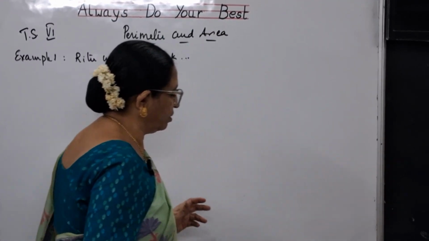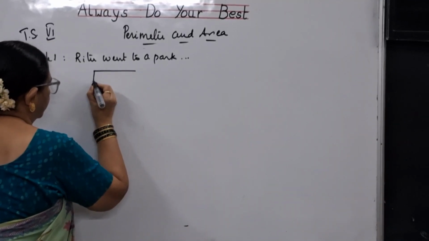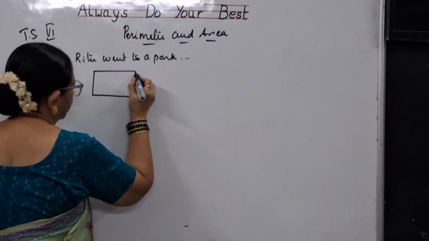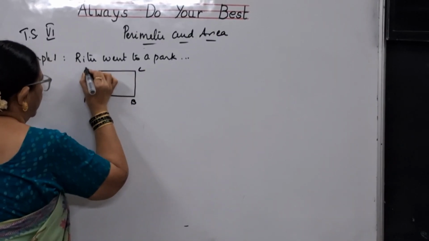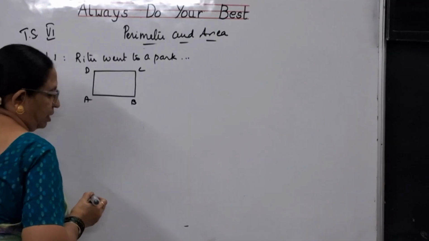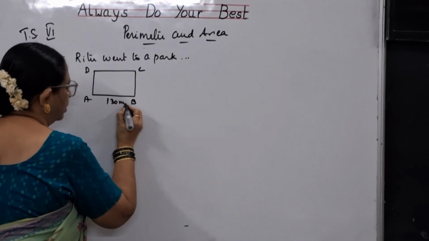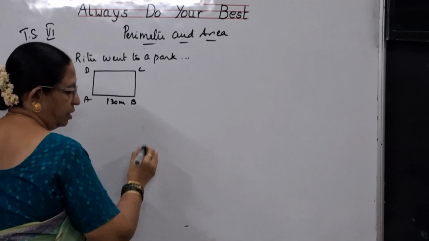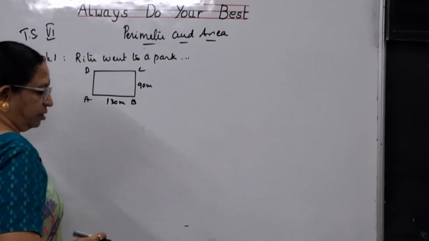So let us first draw. Draw a park. Let us consider A, B, C, D. Always longer side is length. They are saying 130 meters length and 90 meters width.